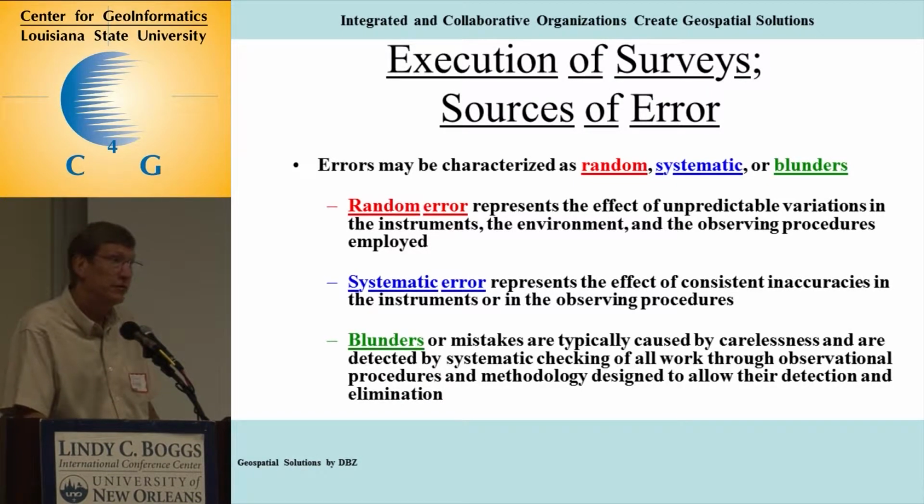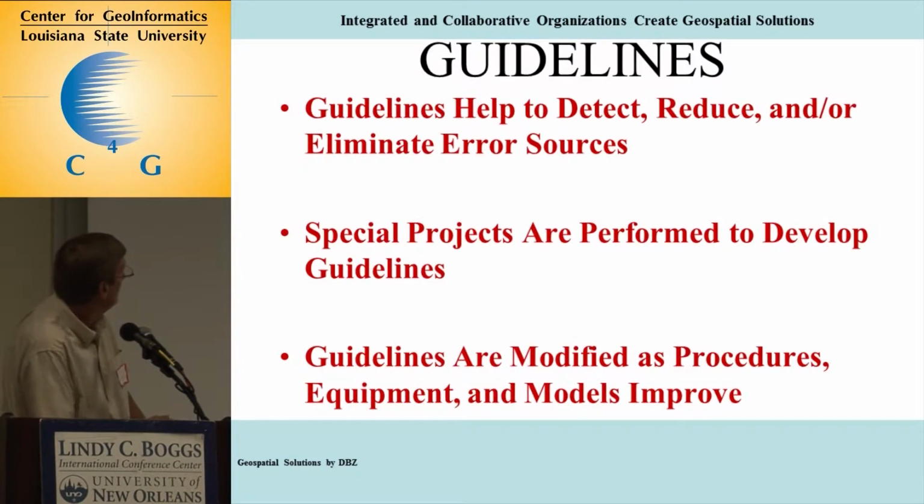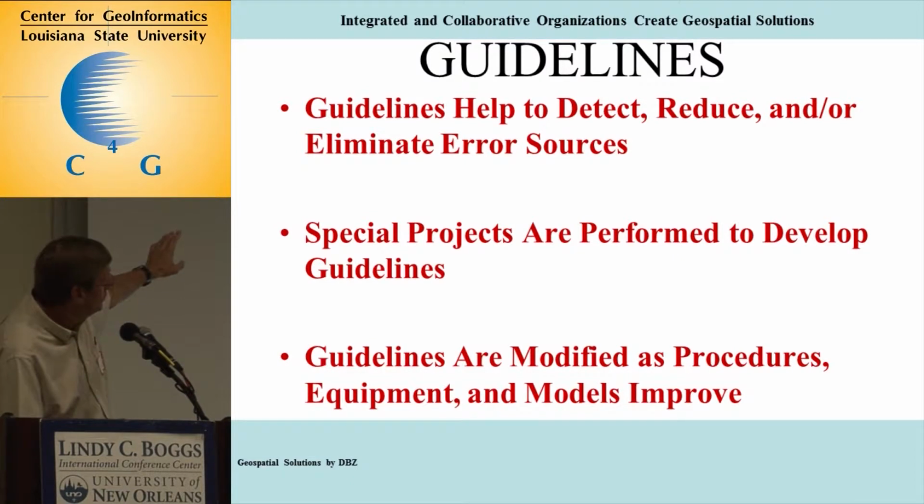That's what your goal is. And that's all guidelines do. That's all they really do. They're really in the process of saying, if you follow these procedures, I know you're going to detect these type of error sources or reduce these error sources, and clearly find those blunders. So, I've said it over and over again, they help detect, reduce.